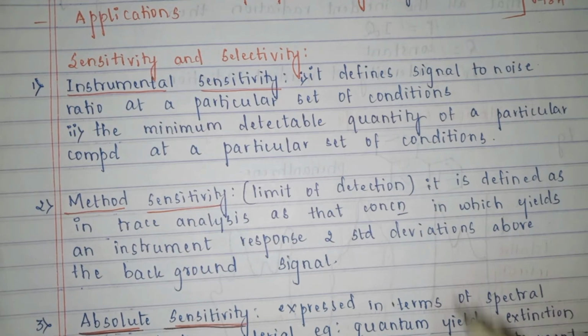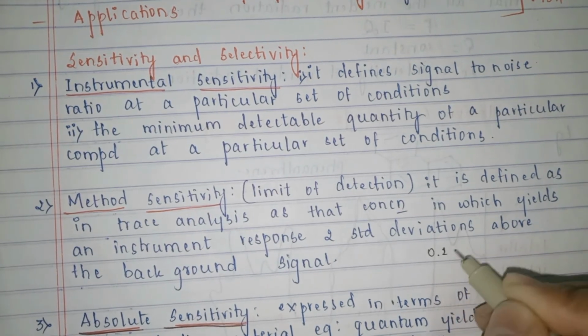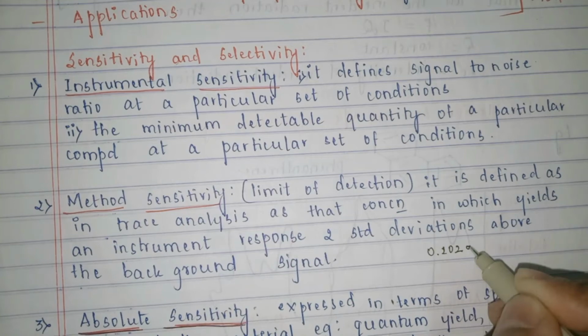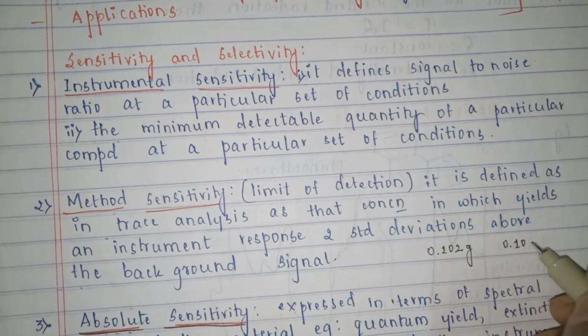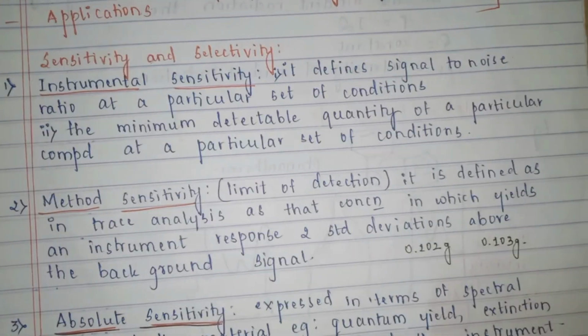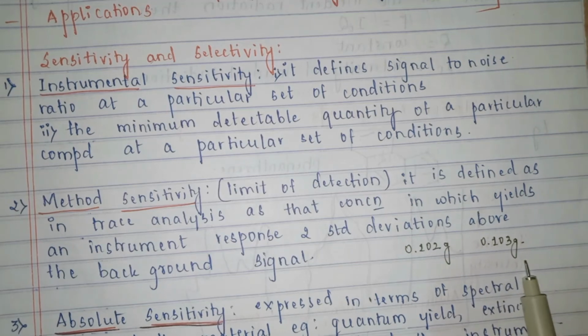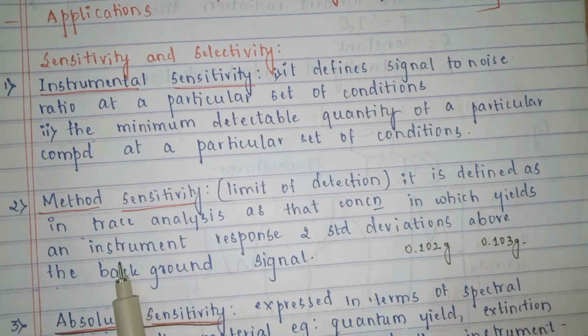What is the meaning of deviation? Say one I have taken like 0.102 gram and the other one I have taken 0.103 gram. Can we see there is a very less difference, but can this be detected in the method sensitivity? That means the instrument should respond for both 0.102 gram and 0.103 gram. So this is called method sensitivity.